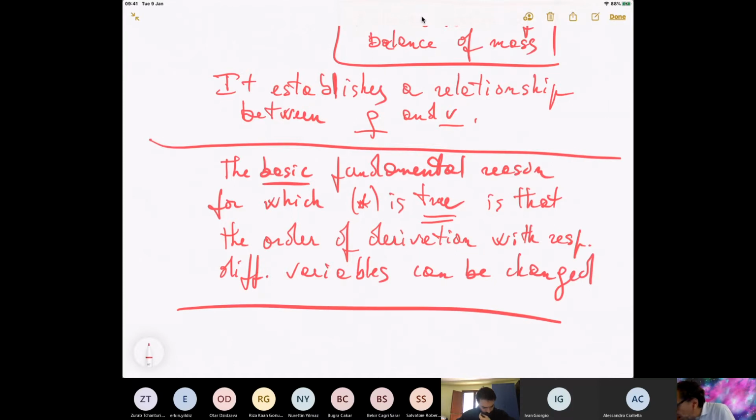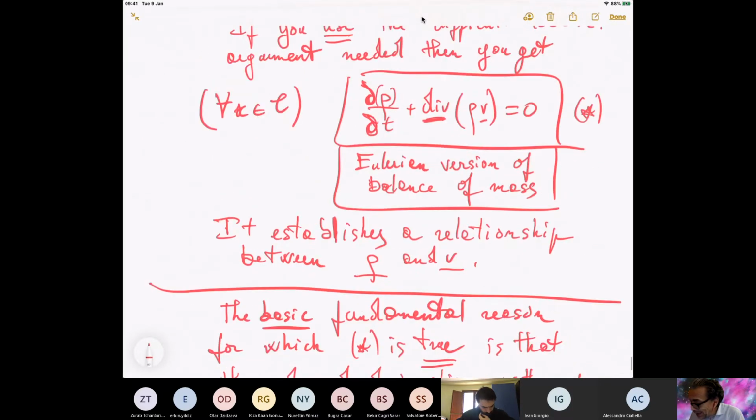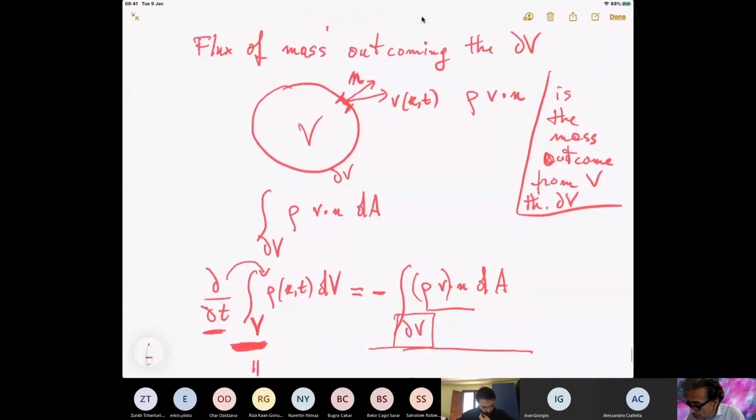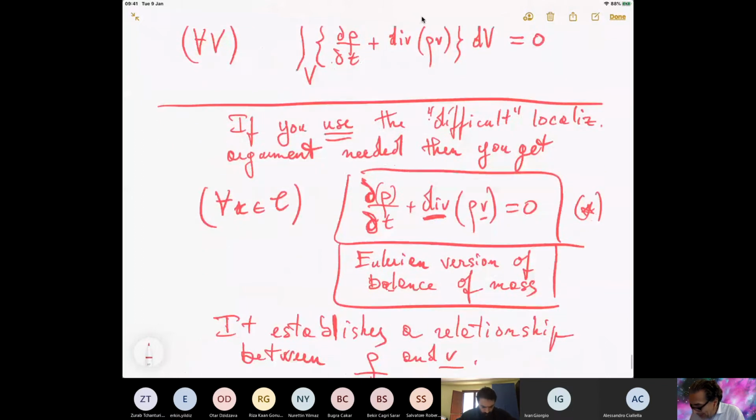Okay. Of course, if you have a bone and inside this volume you have a process of growth, then you will get a source term here, which is called the production of mass. Okay.